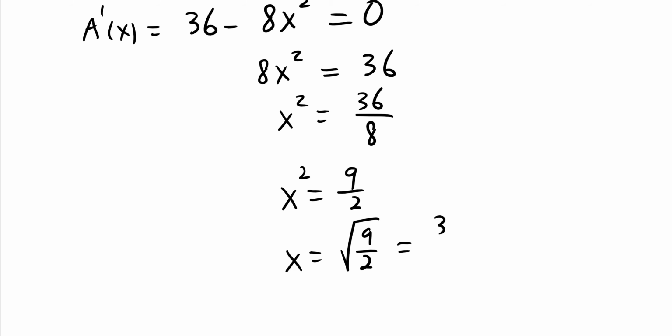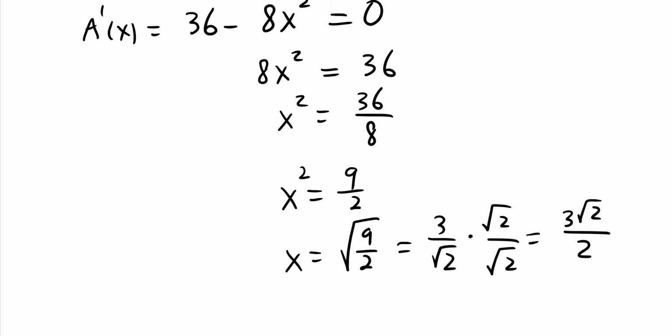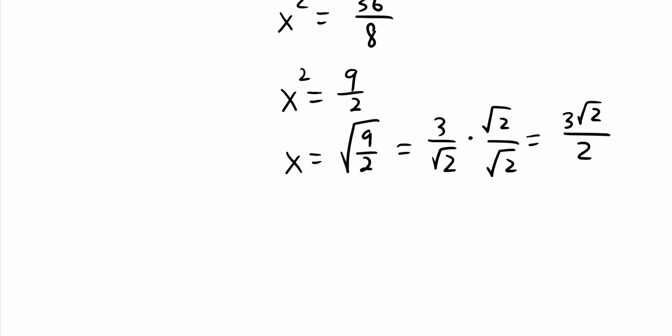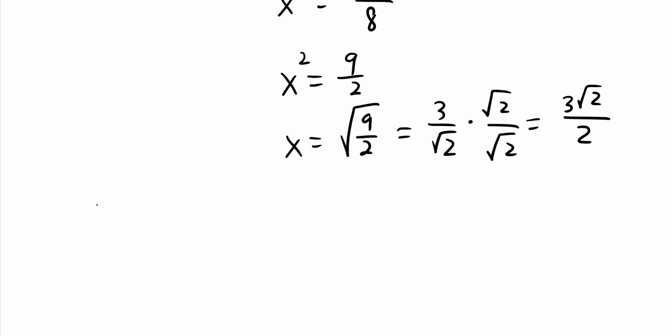So that's 3 over the square root of 2, and it's good to rationalize: 3 square root of 2 over 2. So we get the x value. Now, I could substitute back in to get y, but we need to make sure this is going to maximize the area. A prime of x was 36 minus 8x squared.